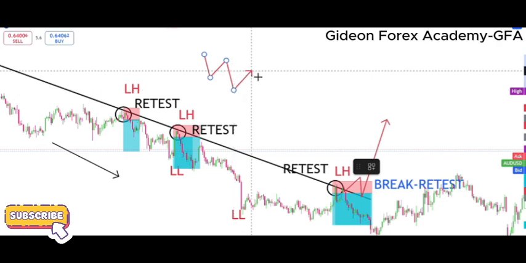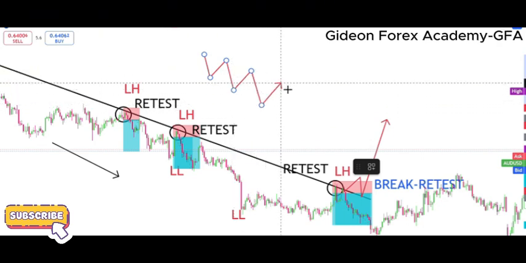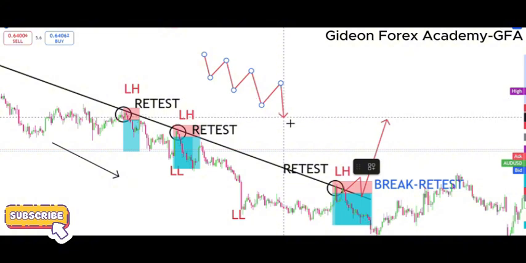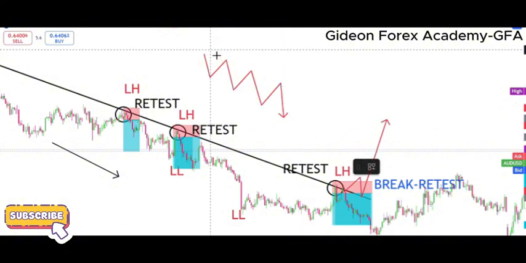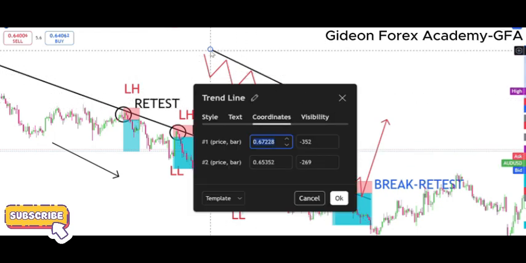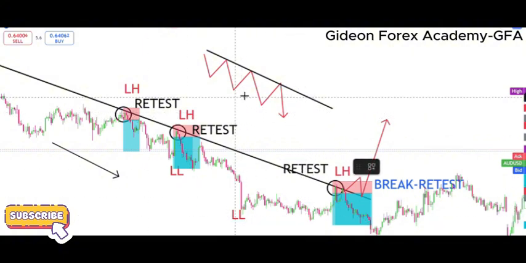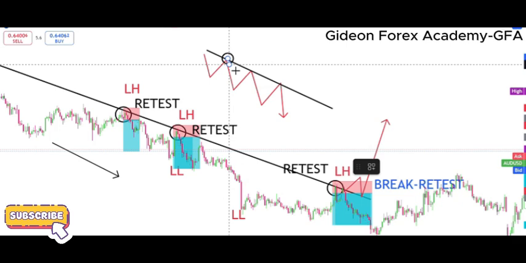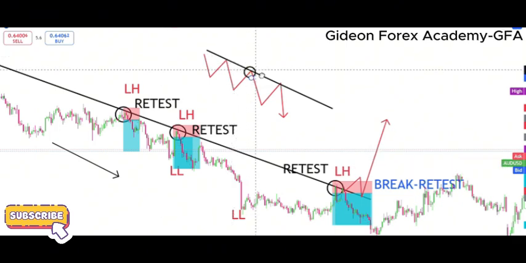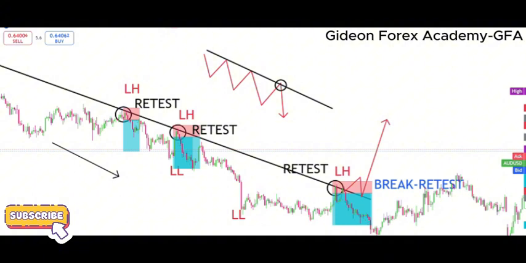You have lower highs and lower lows. Traders are typically waiting to sell at this point, and they're selling at this point. That is the way you would trade this, with confirmations at lower time frames.